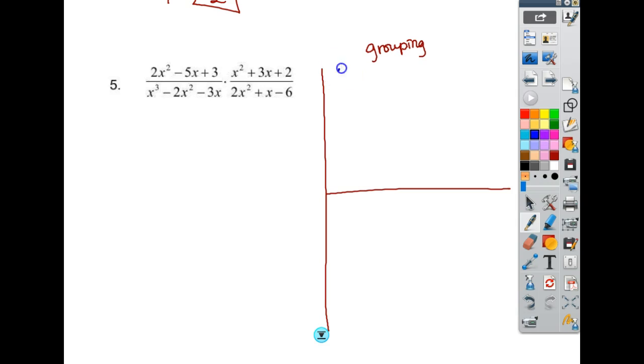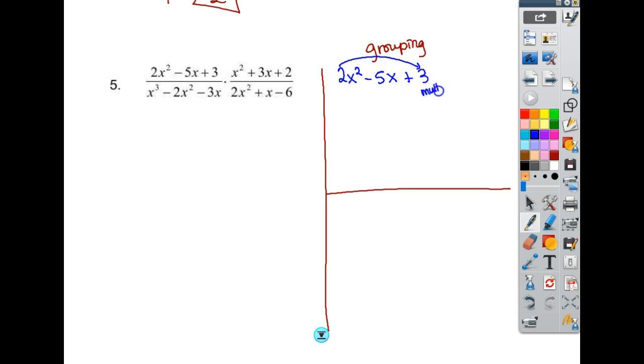Okay, so 2x squared minus 5x plus 3. I know it needs to factor by grouping because why? Because it has a number in the front, right? So we have to include this number in our calculations.